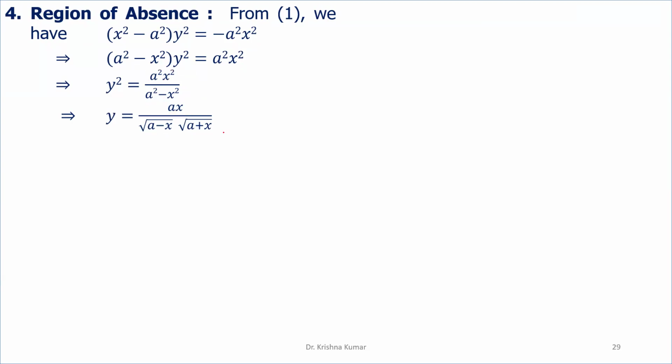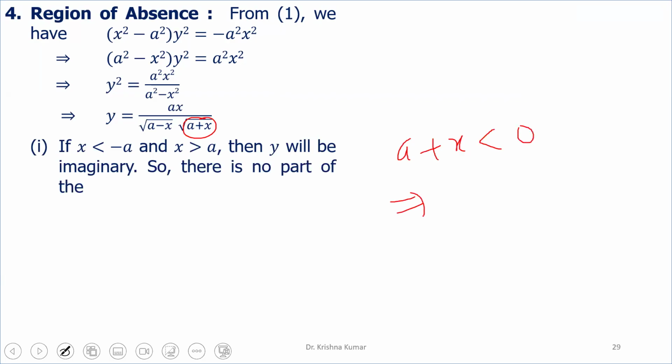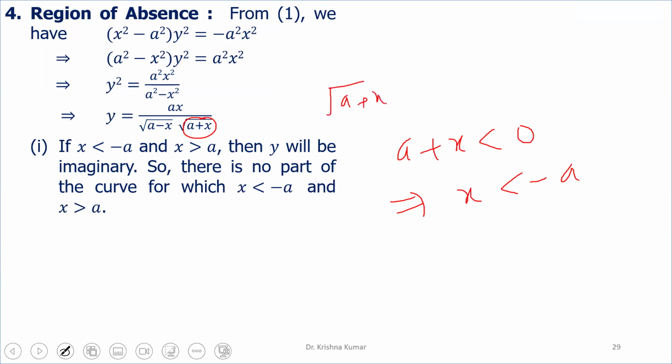Now, this is very clear that if a plus x is less than 0, what does it mean? It means that x is less than minus a. What will happen then? This root over a plus x will be negative, and square root of a negative number is an imaginary number. So the y will become imaginary.